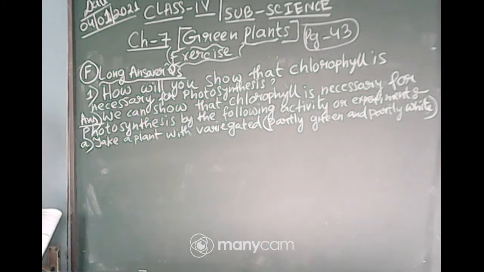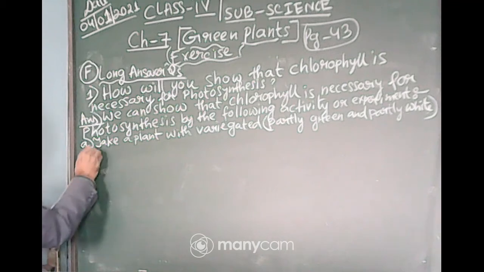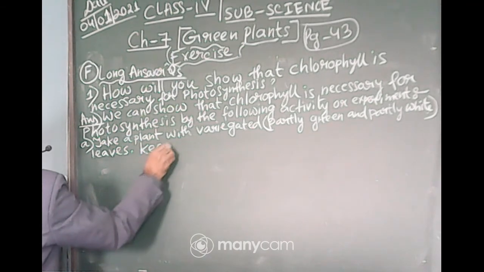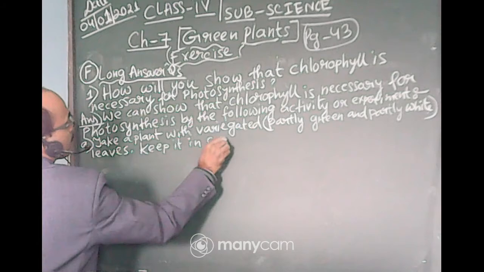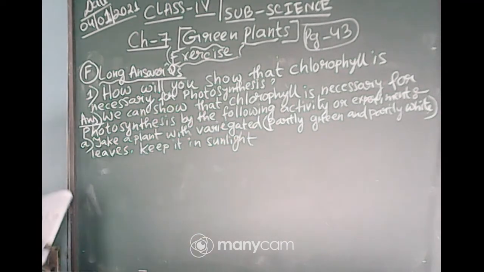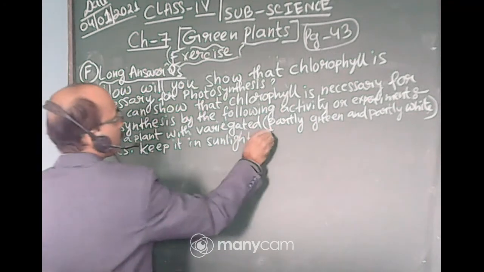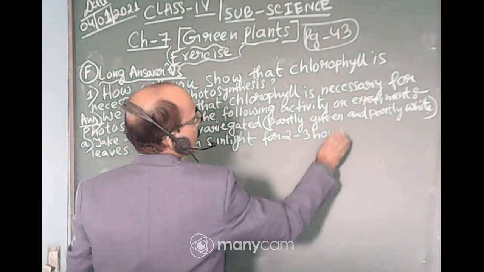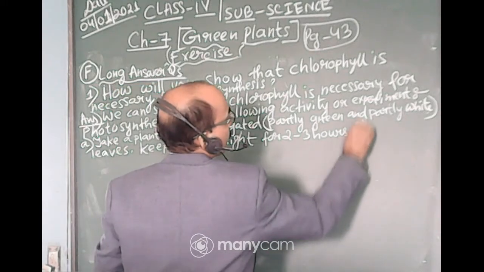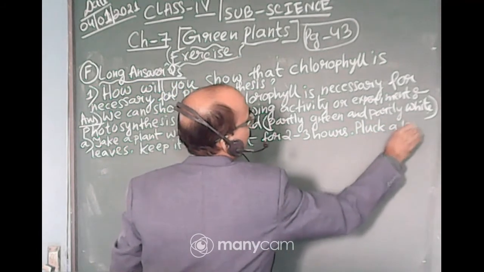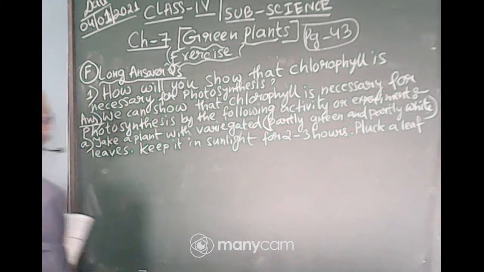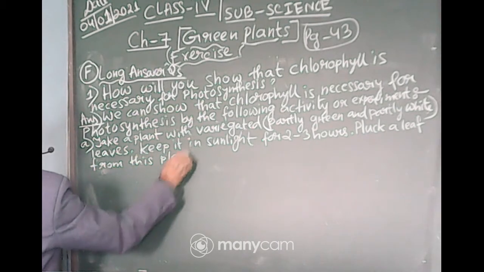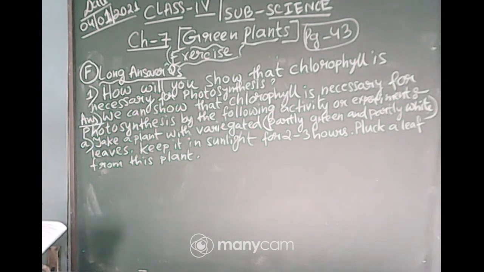Keep it in sunlight for 2 to 3 hours. Pluck a leaf from this plant.